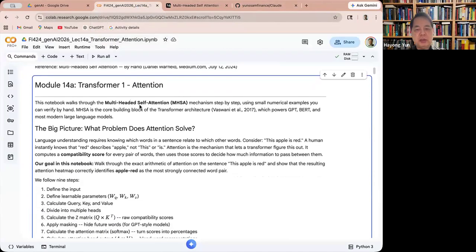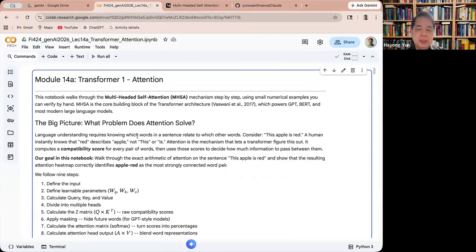What it's trying to solve is, if there's a sentence like "this apple is red", then red and apple are kind of related, aren't they? Red basically describes apple, and "this" and "is" are less relevant.